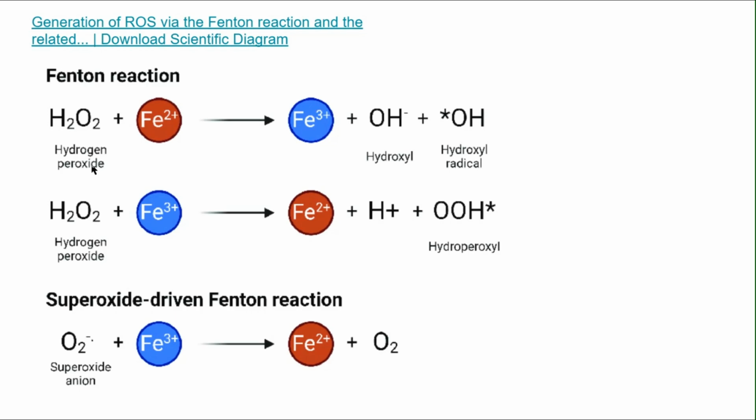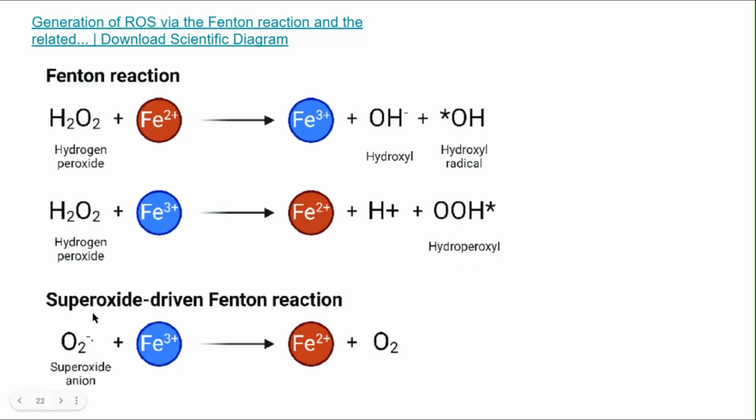So hydrogen peroxide can react with ferrous iron to form ferric iron and hydroxyl radicals. That's one possible step. And then hydrogen peroxide can react with ferric iron and produce ferrous iron and hydrogen ions in this hydroperoxyl group.